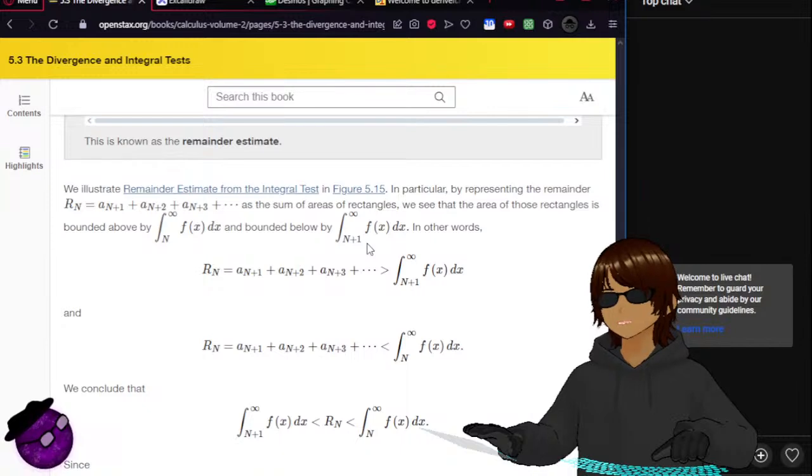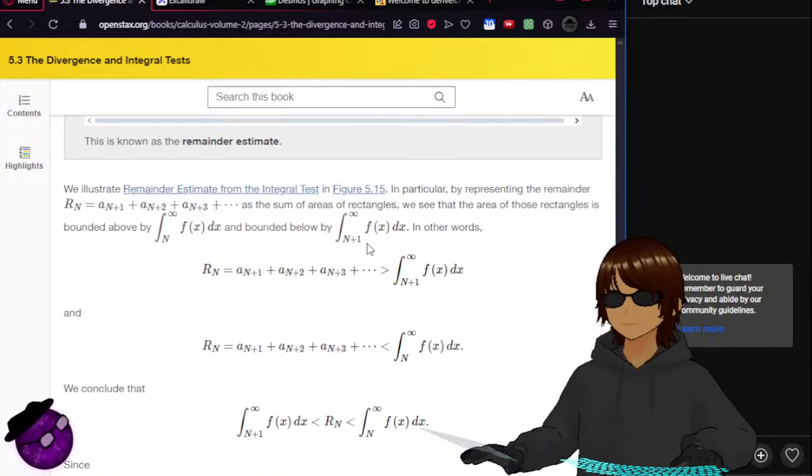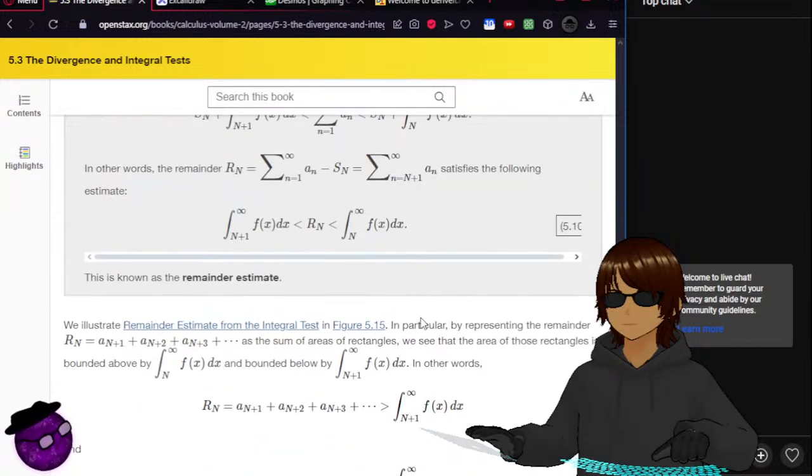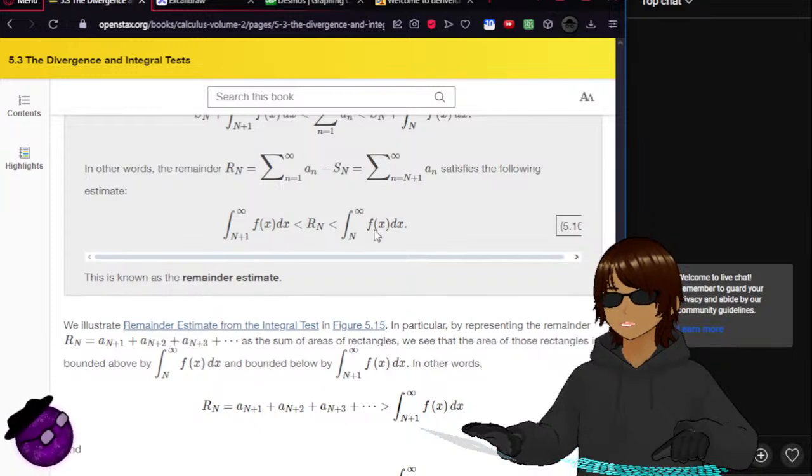I don't understand, how is it bounded? Shouldn't Rn be greater than this?